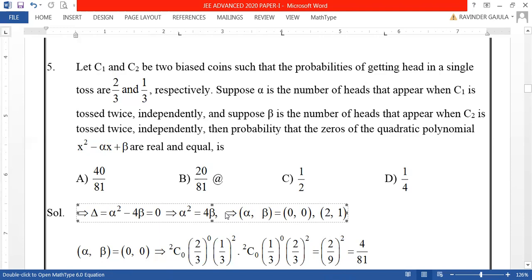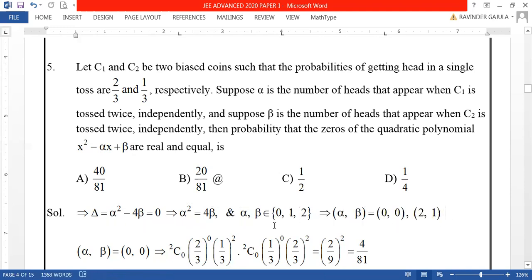Okay, friends, now you can have more clarity on this one. Alpha, beta belongs to 0, 1, 2, which implies the alpha beta pair can be in two ways, either 0, 0 or 2, 1.